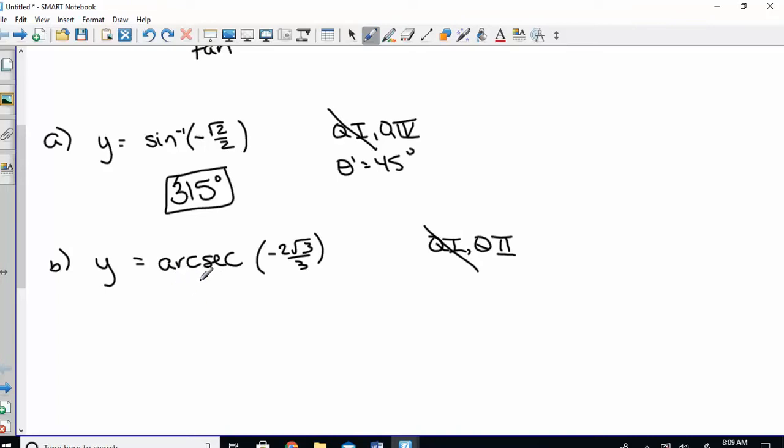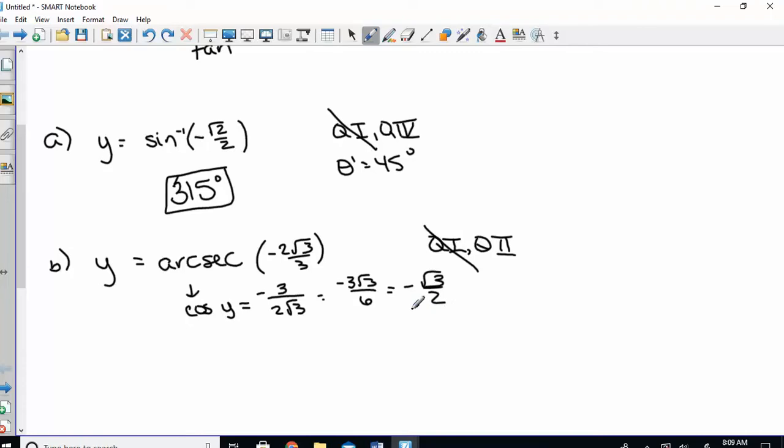So I'm asking, when does secant equal negative 2 radical 3 over 3? Or if that's harder for you to think about, secant is the reciprocal of cosine. So this is like saying, when does cosine equal, if I did the reciprocal of this and got the radical off the bottom, negative radical 3 over 2.